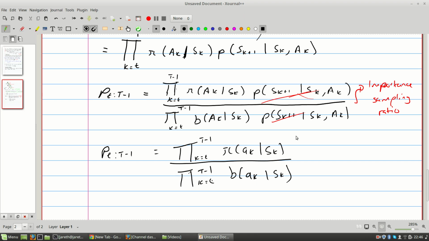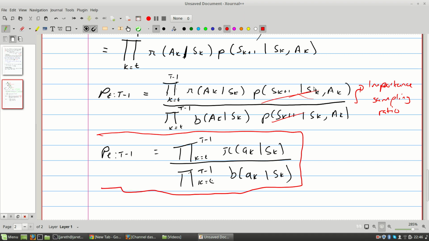So this becomes our true importance sampling ratio. As we see, it does not depend on the MDP because we cancel those terms out at the end of the day. It only depends on the trajectories and the policies themselves.